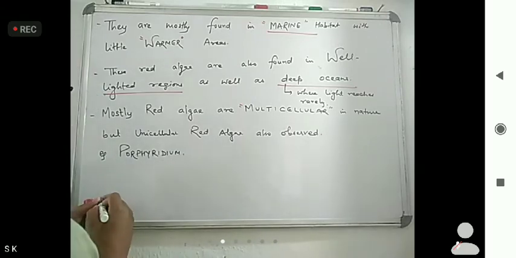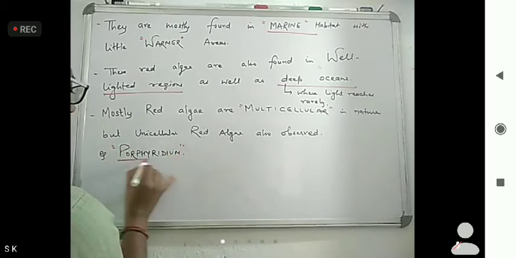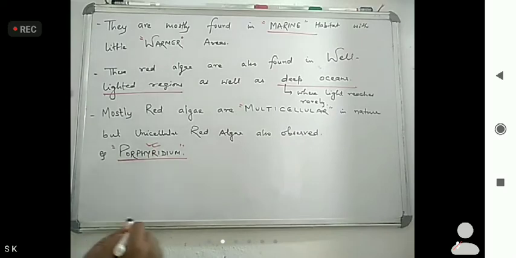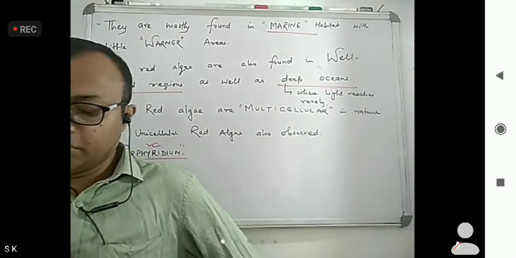This example you have to remember, which is a unicellular red alga. So Porphyridium is a unicellular alga.